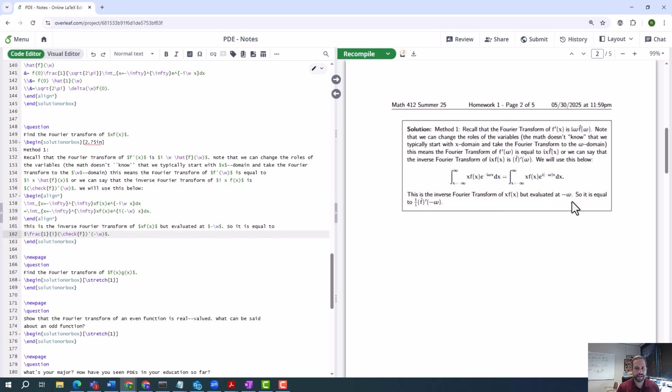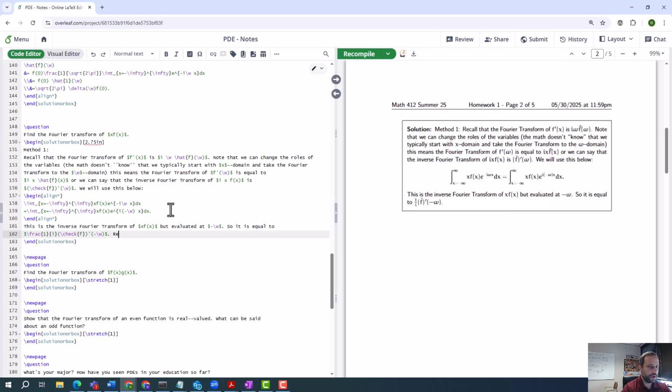I don't want the Fourier transform of f to be in terms of the inverse Fourier transform of f, or the Fourier transform of x times f of x to be in terms of the inverse Fourier transform of f. And I know I have this identity that says the Fourier transform of f at omega is equal to the inverse Fourier transform at minus omega.